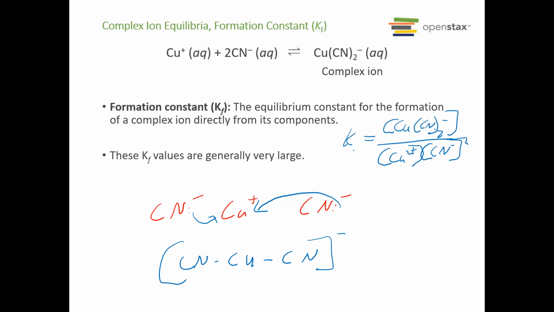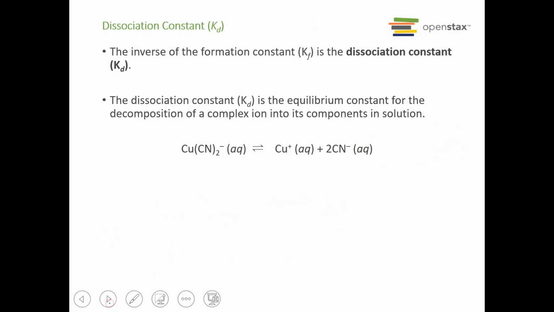We call this equilibrium constant a formation constant. So anytime we have a reaction, there's almost always an equilibrium constant that can be associated with it. So the formation of a complex ion, we call that a formation constant. Those values are typically very large, so we tend to favor the ion rather than the individual components.